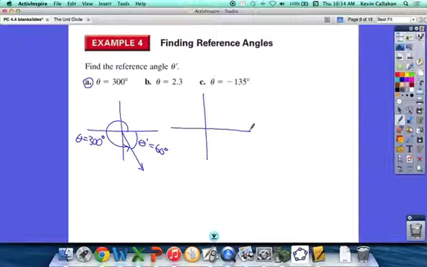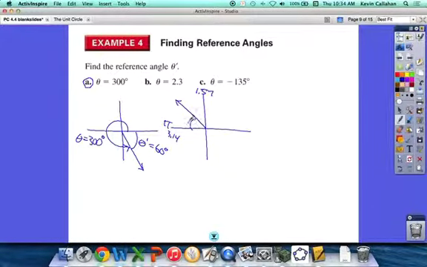Well, just think. Pi is here. What is the value of pi? 3.14. It's less than that. So it has to be somewhere in here, right? And half of pi, if this is 3.14, this is 1.57. So which quadrant is 2.3 in? It's got to be here, right?